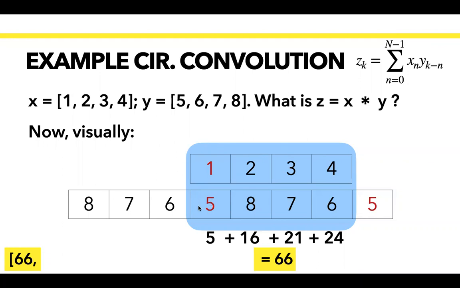What we're going to do with Y, if you remember how we did this visually before, is we flipped one of them. So here we're flipping our Y. So instead of going 5, 6, 7, 8, it goes 5, 8, 7, 6. And we're tiling it. We could keep going if we wanted in both directions. It's tiled. To start off with, what you want to do is align the first elements, the n equals 0 elements. So that's 1 and 5. They're in red here, like they were in red on the previous slide.